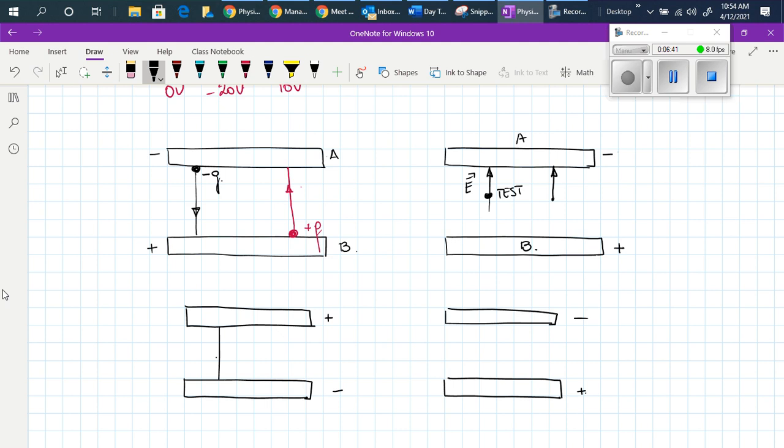So the electric field is this way, or this way.